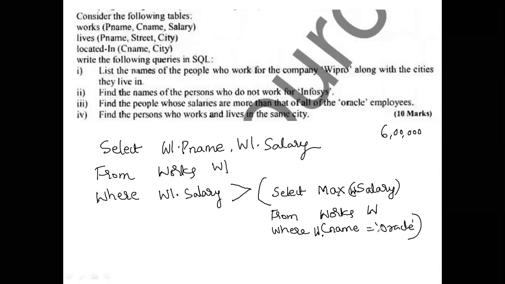First, in the inner query, we will extract the maximum salary of Oracle. Then we'll utilize this. In the outer query, we'll put w1.salary should be greater than this entire thing. So when this query is executed, this entire part will be replaced by the value, actually, because there is no correlation. So this entire thing will be replaced by the value of the salary, that is 6 lakh.